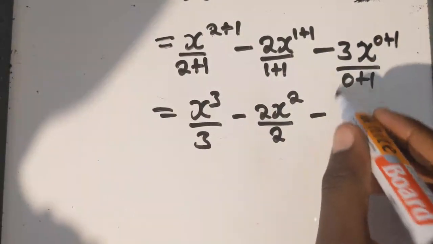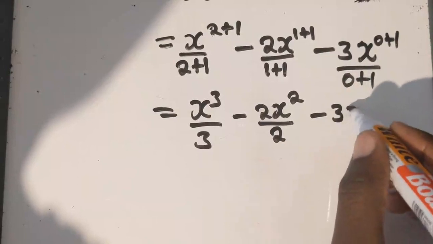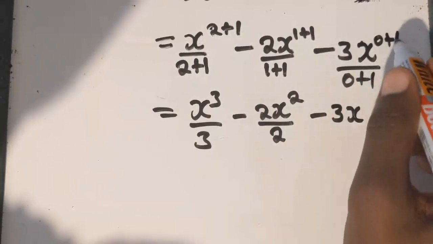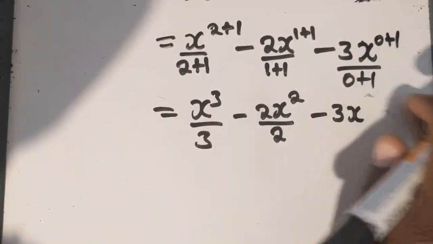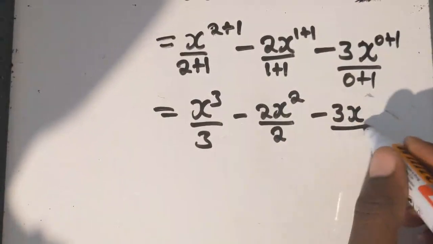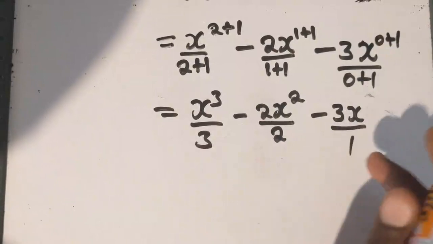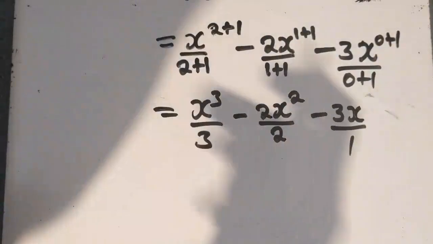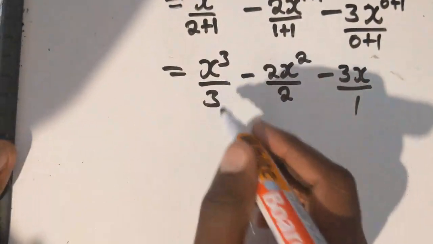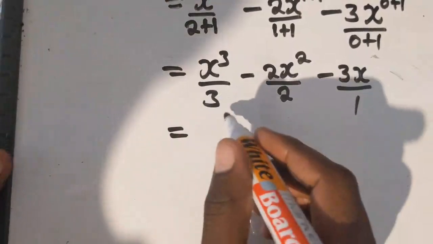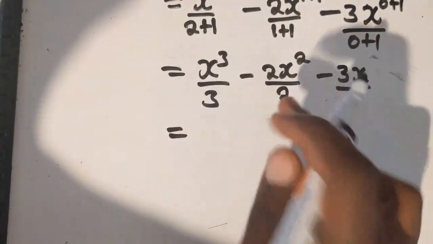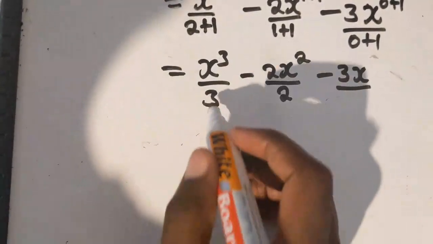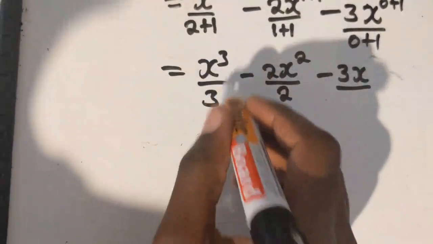Then minus 3x, 0 plus 1 is 1, so it's to the power 1, over 1. So 1 into that, it is just 3. So here now you just have to divide. So 3 into that, you can't divide these.